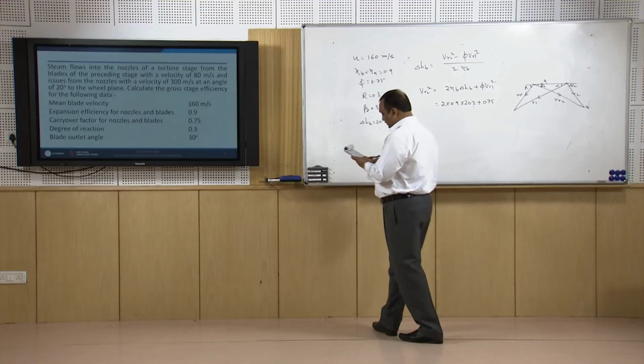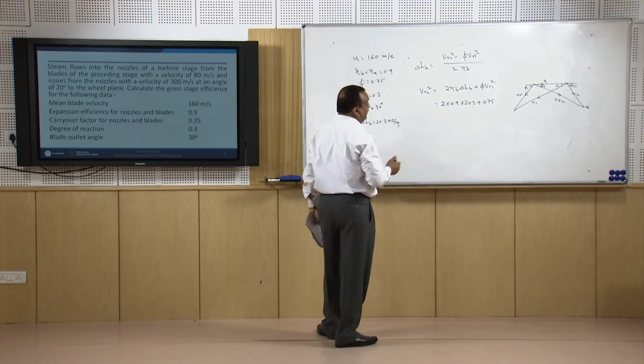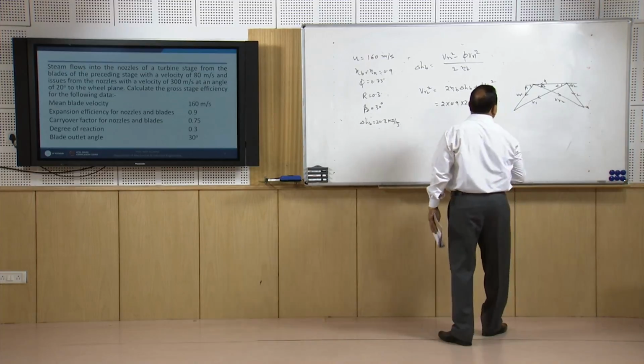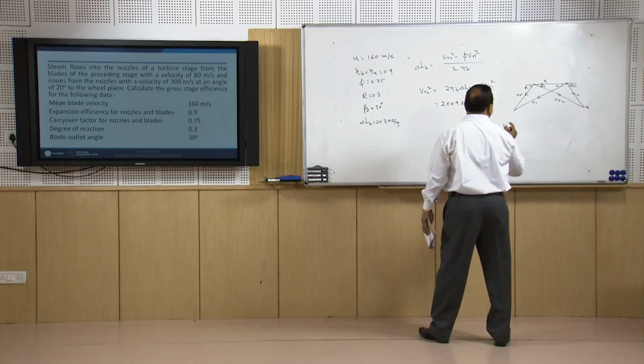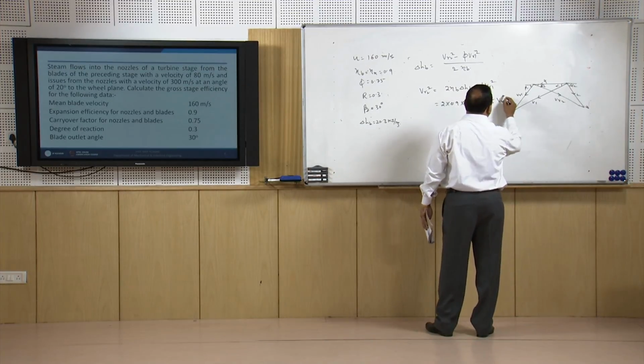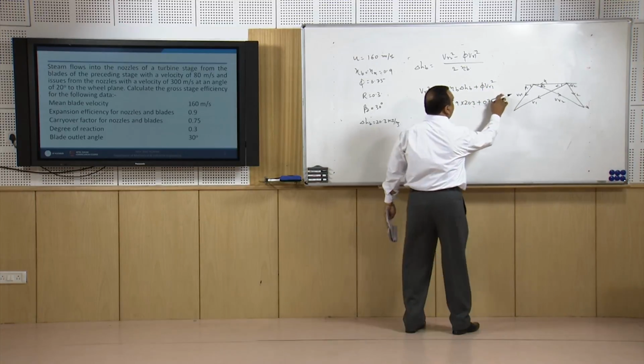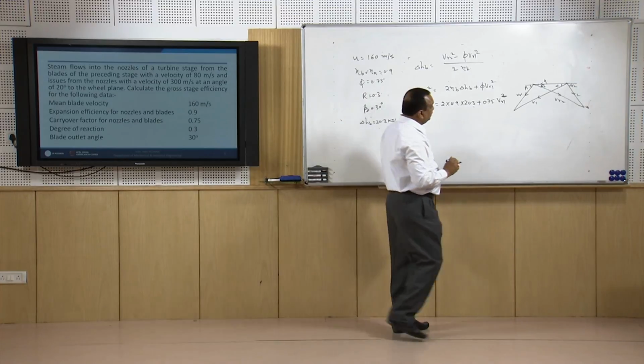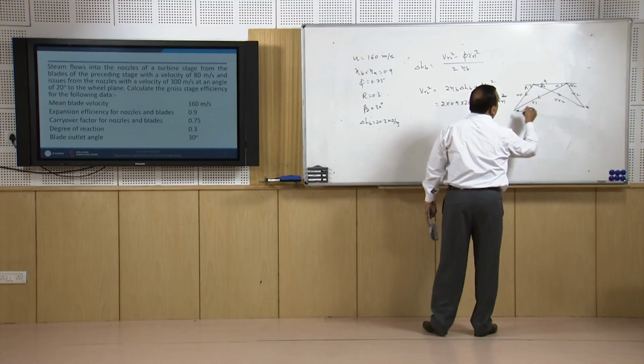What about VR1? VR1 is not known to us, but we need the value of VR1 square. So, we will take this triangle again.